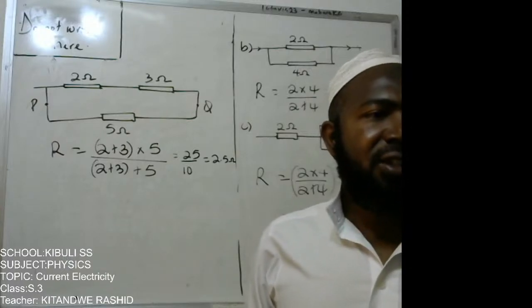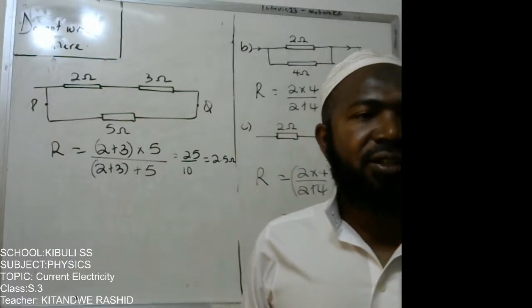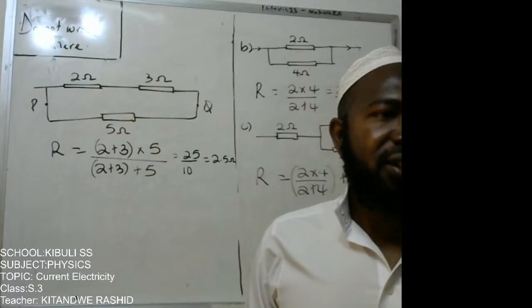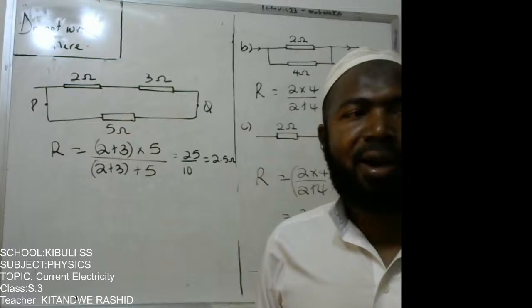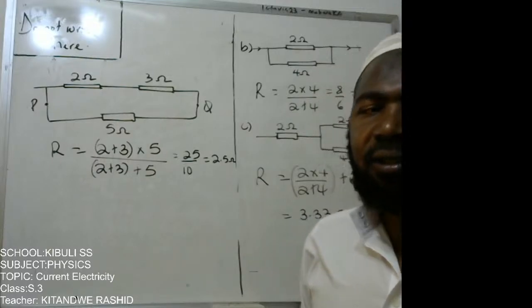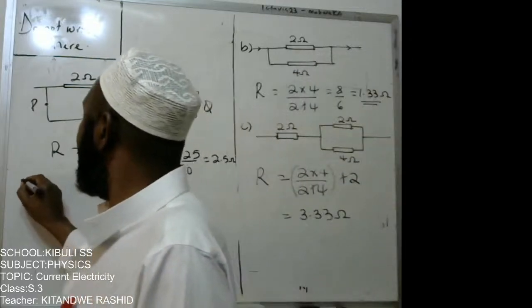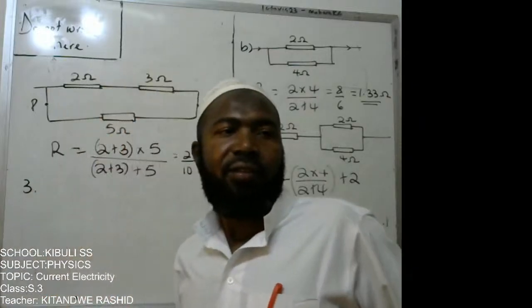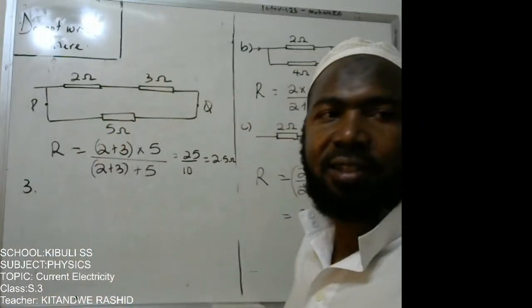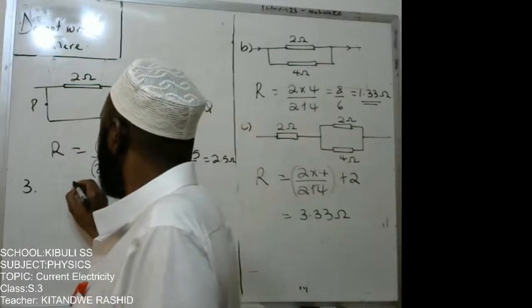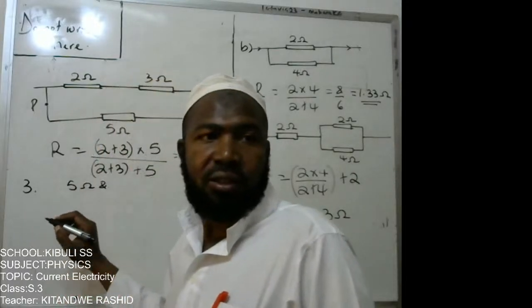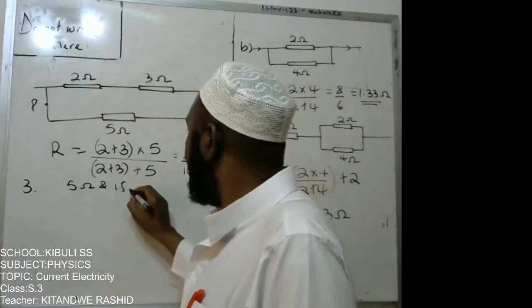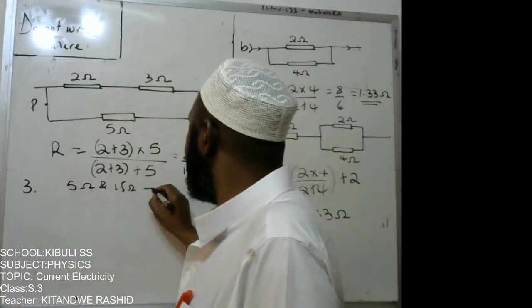The effective resistance of two resistors of resistance 5 and 15 joined in series and then placed in parallel with the 20. Effective resistance of two resistors 5 and 15 were originally in series.